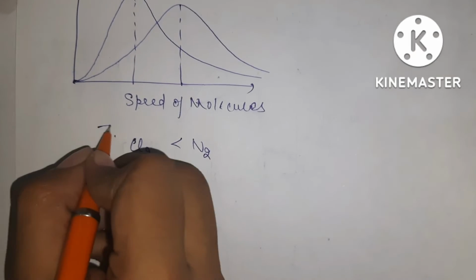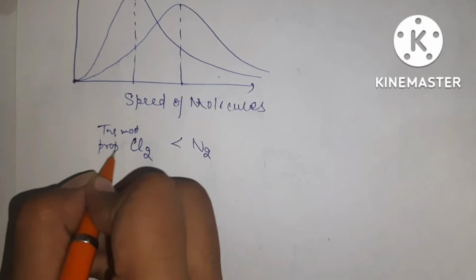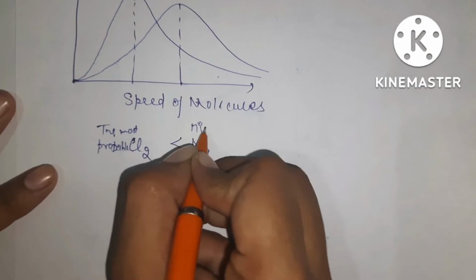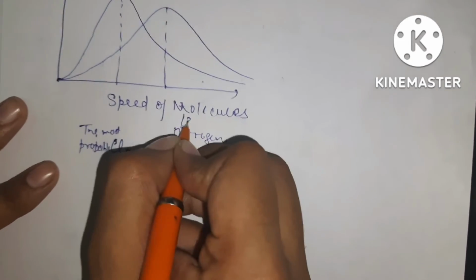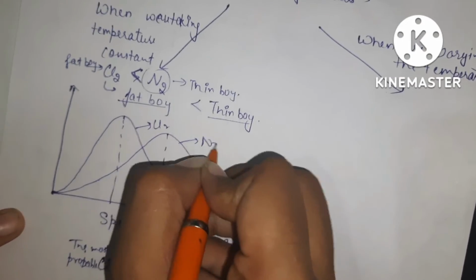The most probable speed of chlorine is less than that of nitrogen. Okay, this is the plot. Suppose at 300 Kelvin, this curve is for chlorine, this curve is for nitrogen.